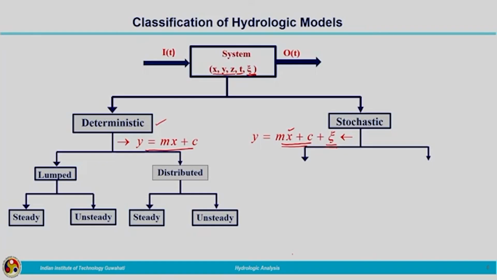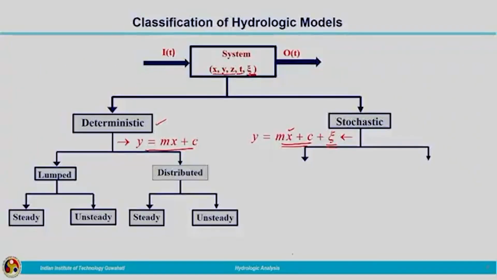In the case of unsteady models, the variation with respect to time is taken into account. So both lumped and distributed models can be divided into steady and unsteady models. A lumped model does not take space variation into account, but that is incorporated in a distributed model.